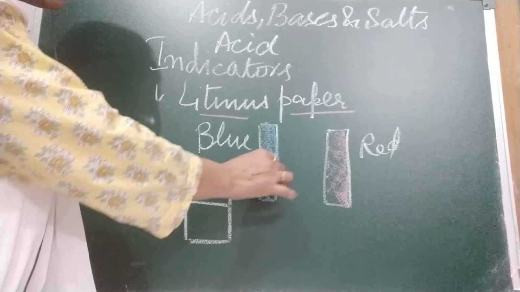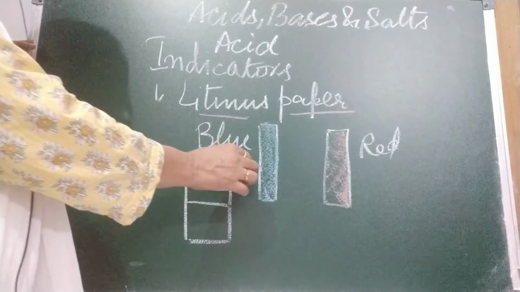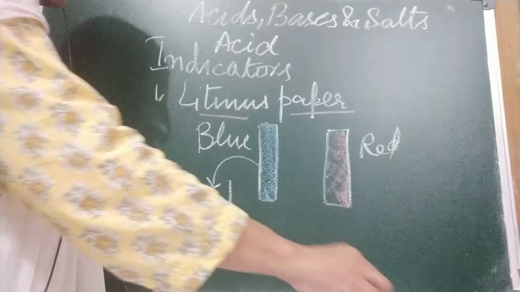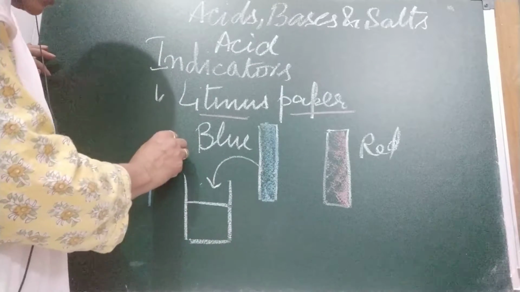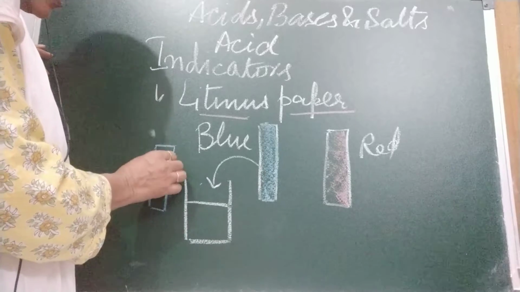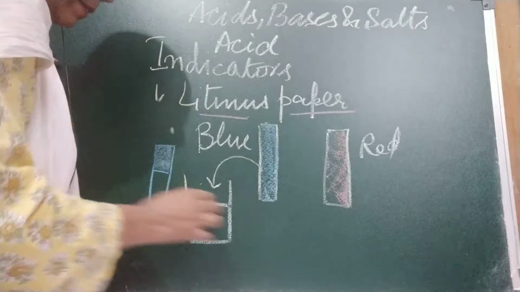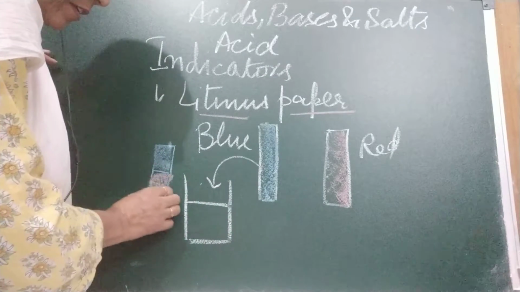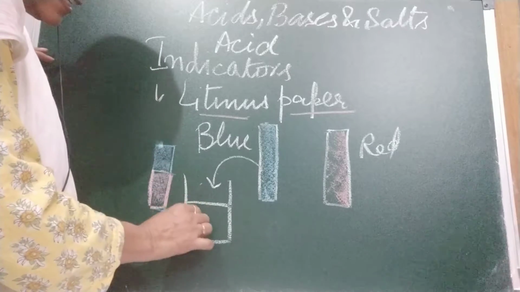We are going to dip this paper. If it turns from blue to red, suppose I have dipped this, the upper portion which is not dipped is blue and the lower portion which is dipped has turned red, it means the substance is acid in nature.